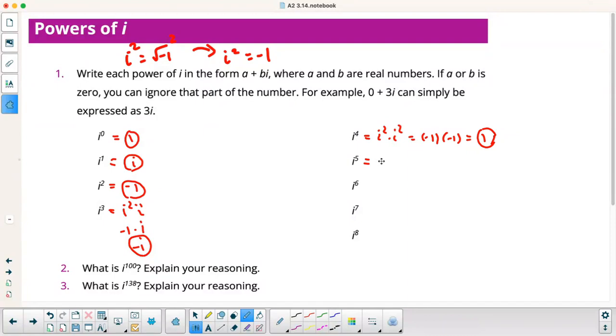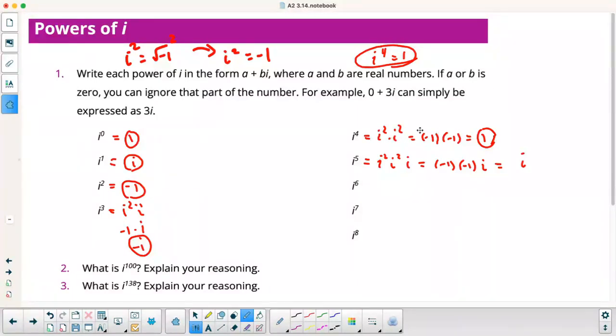We're going to come back to that. On this one, if I rewrite this as i squared times i squared times i, -1 times -1 times i, -1 times -1 is 1. So it's 1i. Now, the easier way to do this, put this somewhere in your notes, in your memory bank: i to the fourth is equal to 1.